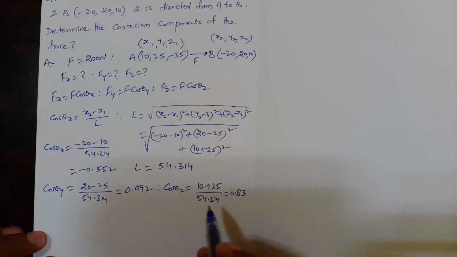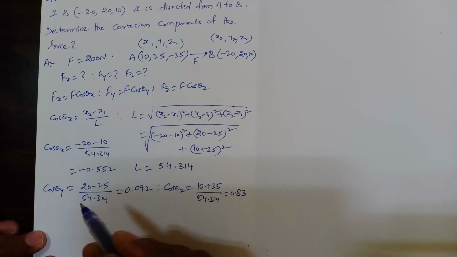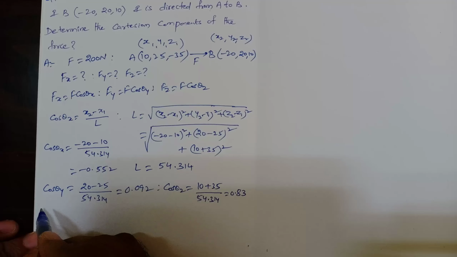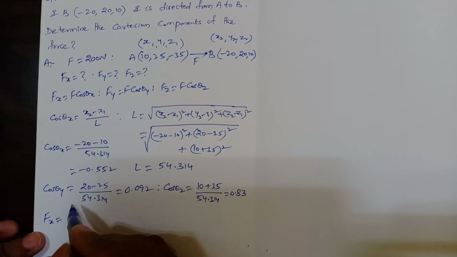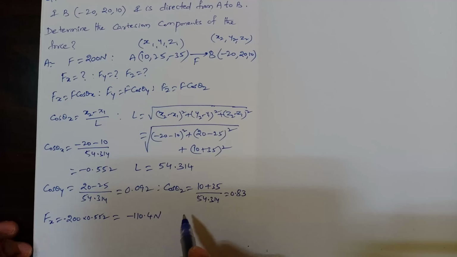Now once you know the cos theta x, cos theta y, cos theta z values, substitute in this formula and find the required parameters asked in the question. So Fx is equal to F cos theta x, that is 200 times 0.552. This is minus, so this will be around minus 110.4 Newton.